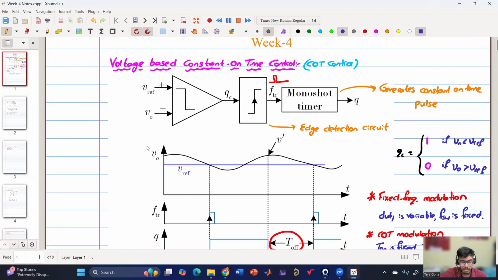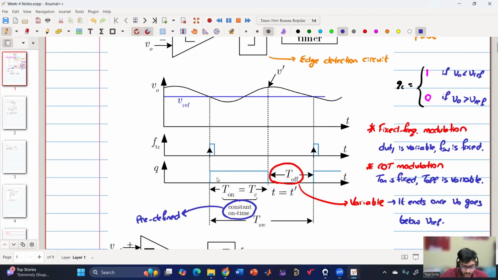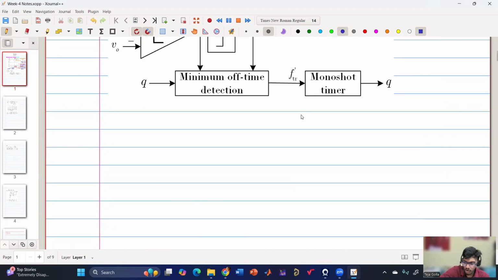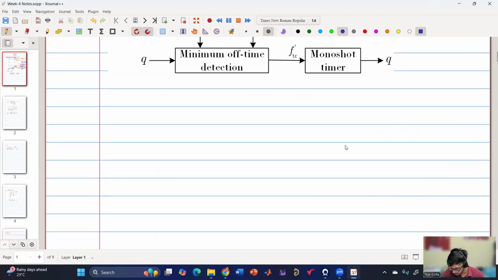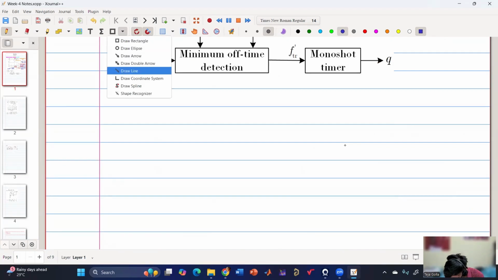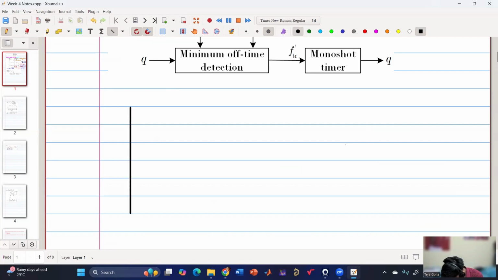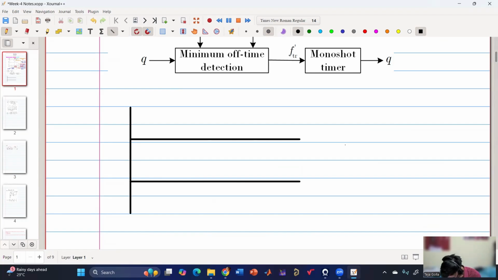So in this entire implementation, there is one flaw, or I can say there is one assumption. The assumption is that during the on time, V naught is going above the V reference, right? Let me draw the waveform so that it will be more clear. So we have V naught, V reference, then trigger and then on time pulse.